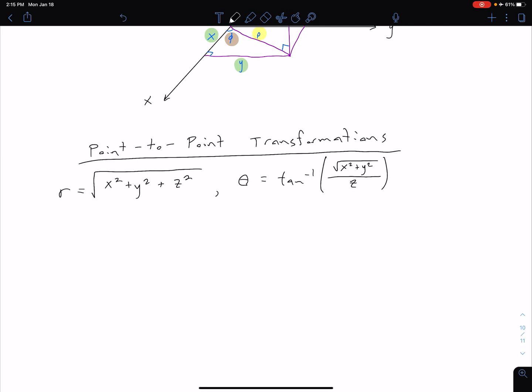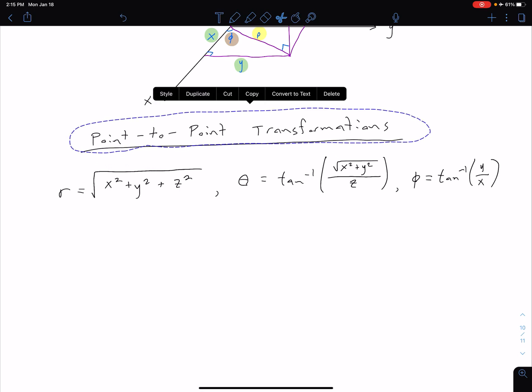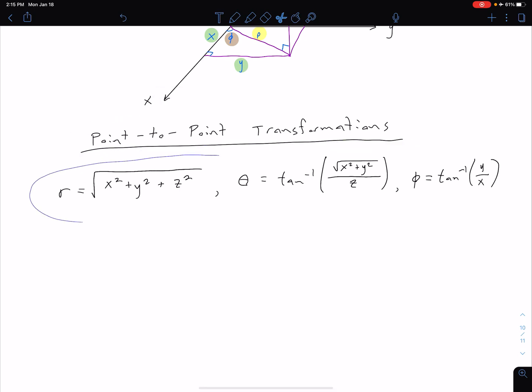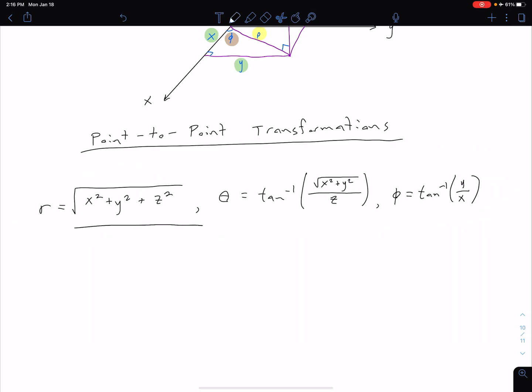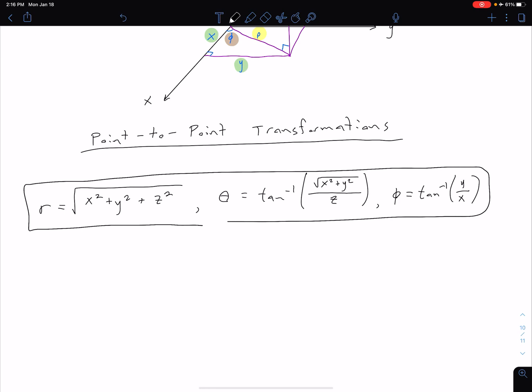And finally, our phi is, like we saw before, just the inverse tangent of y divided by x. Let me box this in. So this is Cartesian to spherical.